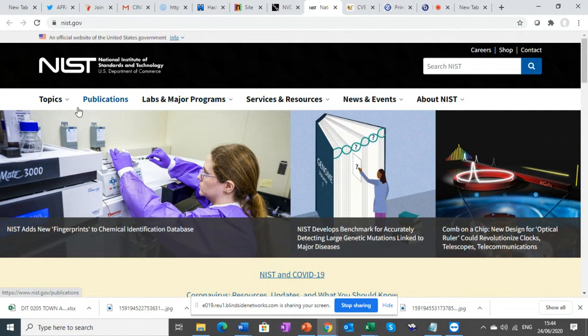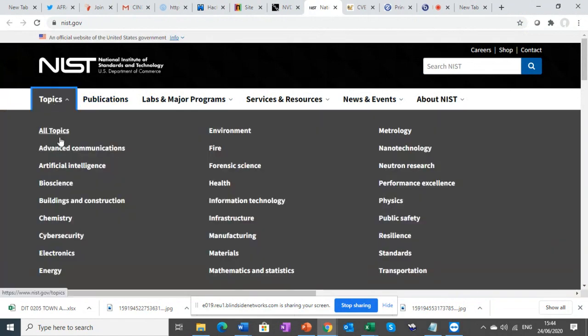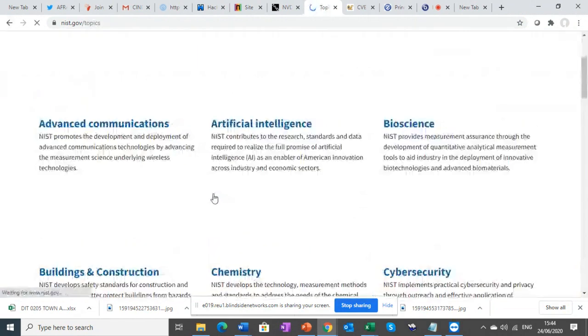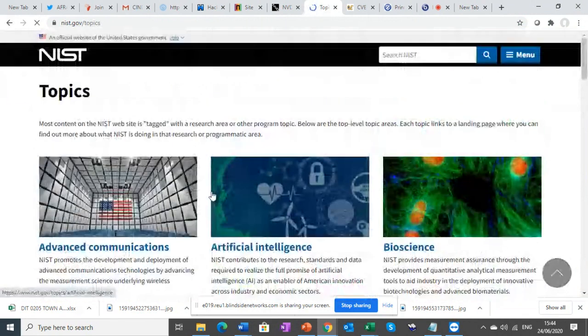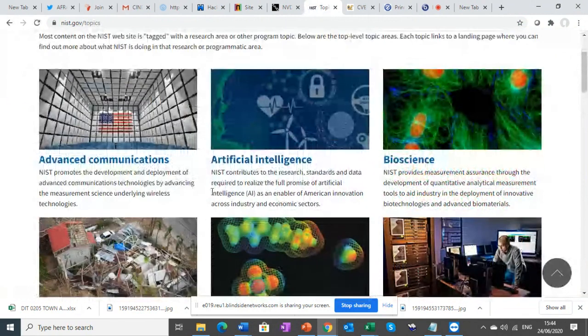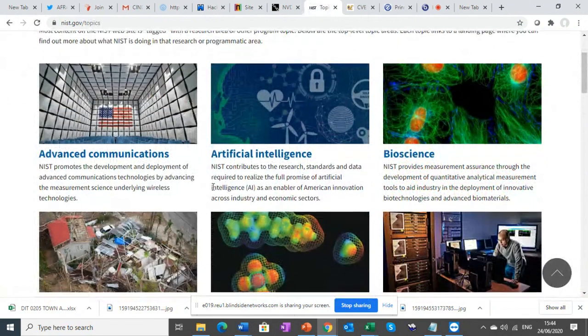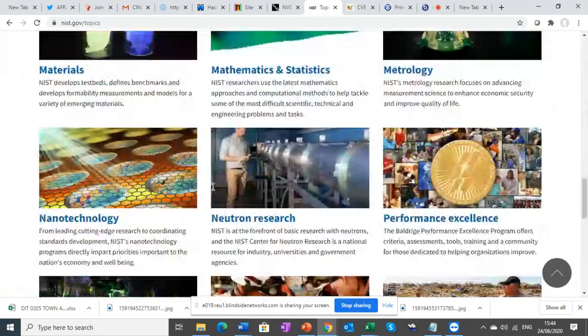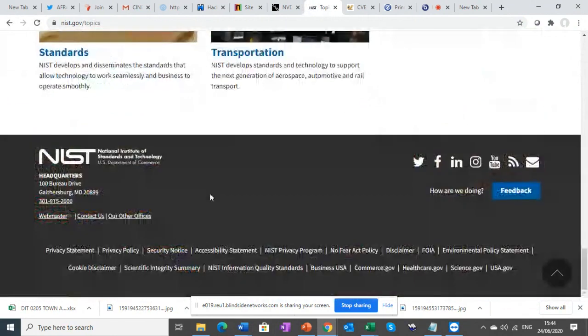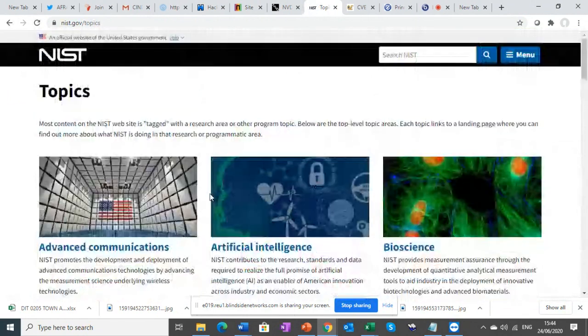You can search about the various things that have been researched in the US, and the various vulnerabilities which have been caused by so many hackers around. You can read much about that information from here.